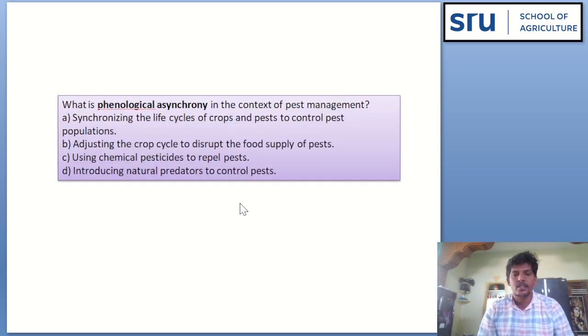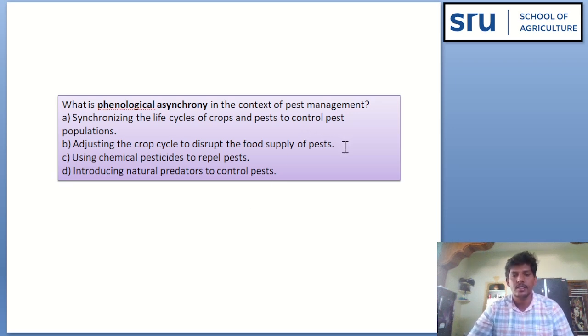What is phenological asynchrony in the context of pest management? Synchronizing the life cycle of crop and pest to control pest population, adjusting the crop cycle to disrupt the food supply of pests, using chemical pesticides to repel pests, introducing natural predators to control pests.